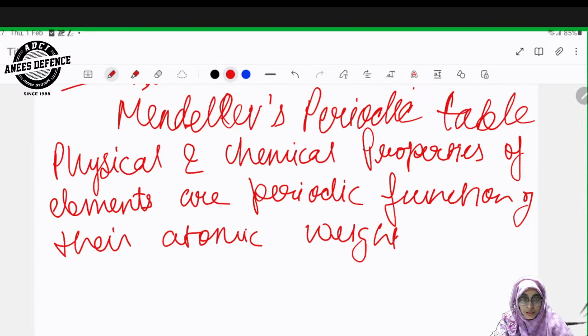It means that the elements are arranged on their atomic weight. And he gave a term, periodicity.